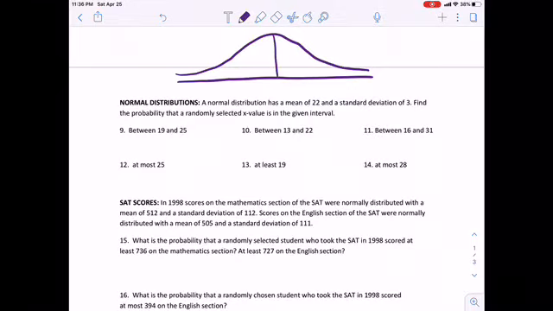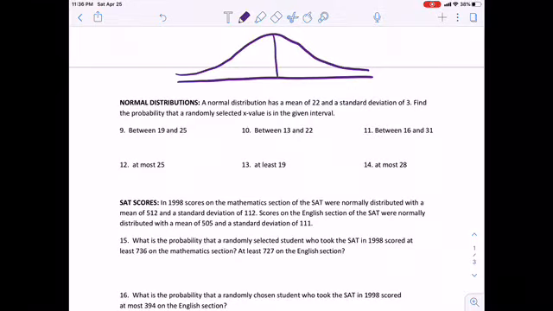Now, I like to also write in my percentages because I think that makes it a little bit easier. Remember the mean is smack dab in the middle, and then I have 34% on either side. So I have 34% here, and 34% here. My next percentage is 0.135, or in other words, 13.5%, and 13.5% on the other side.